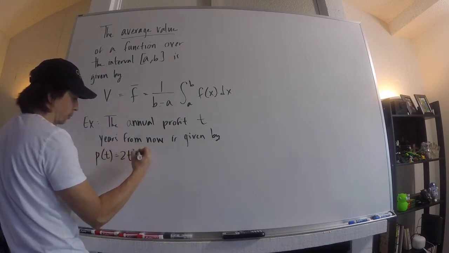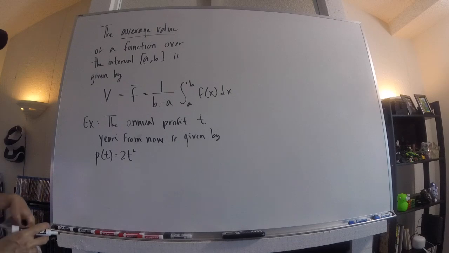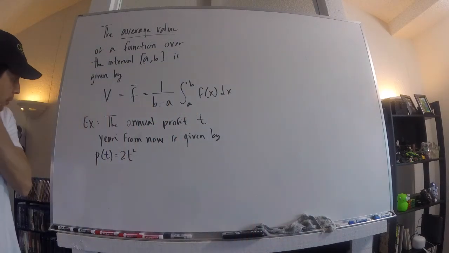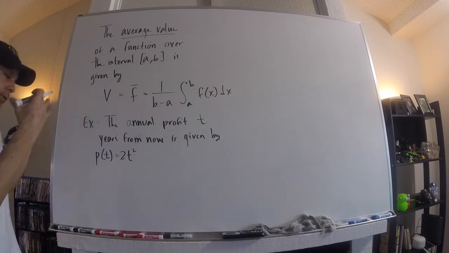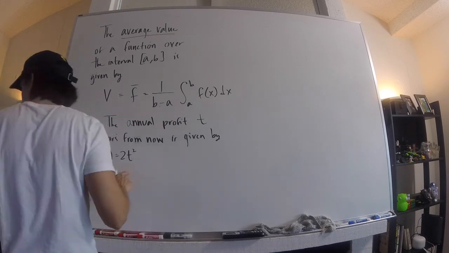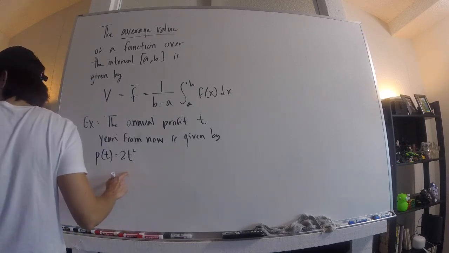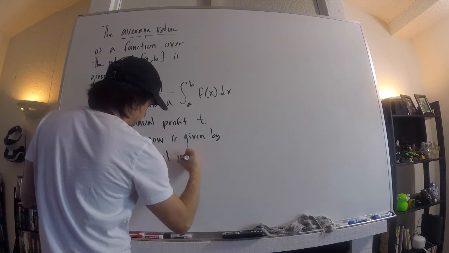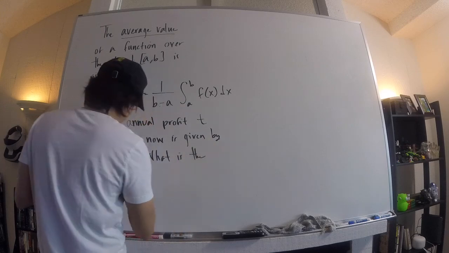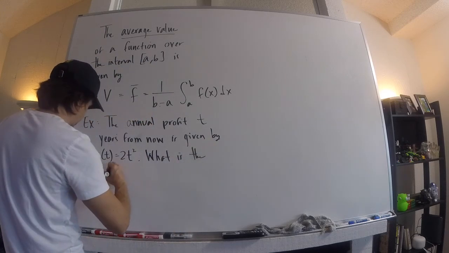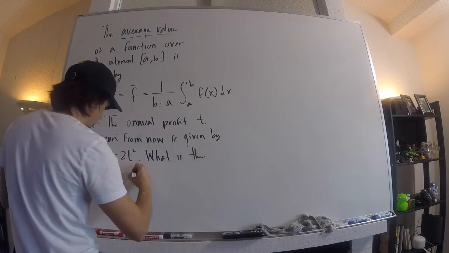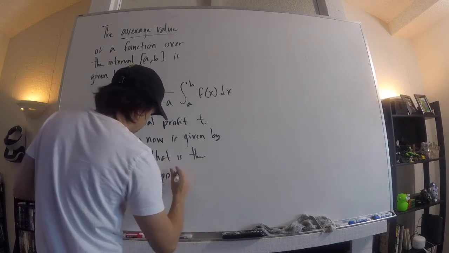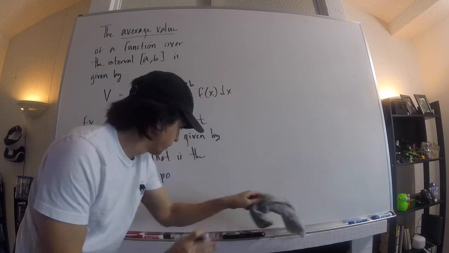Keeping my function simple because I don't want to bog down in multiple terms and a lot of fractions as we work with this. Because I want you to get more of the understanding of it. So we'll keep it a simple parabola function. What is the average annual profit over the first 6 years?